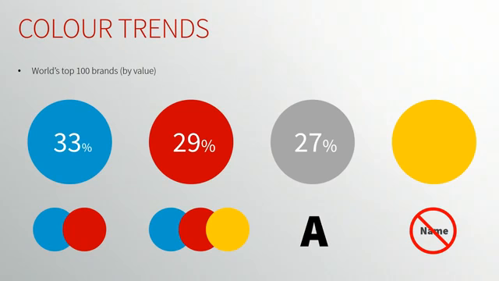And then finally, if you can do your maths, that leaves around 11% that use yellow. But what I find more interesting is this: 95% only use one or two colours. So bear that in mind when you're designing your own logos too.